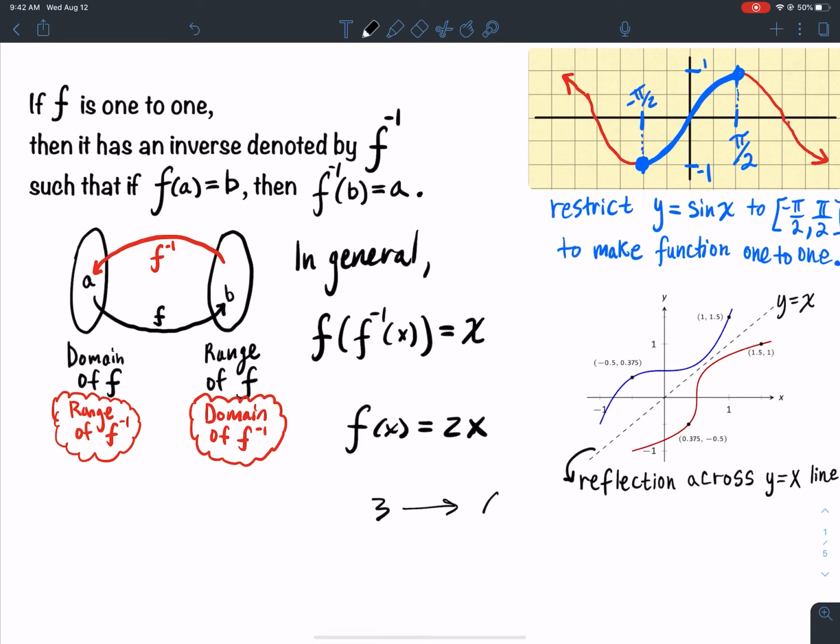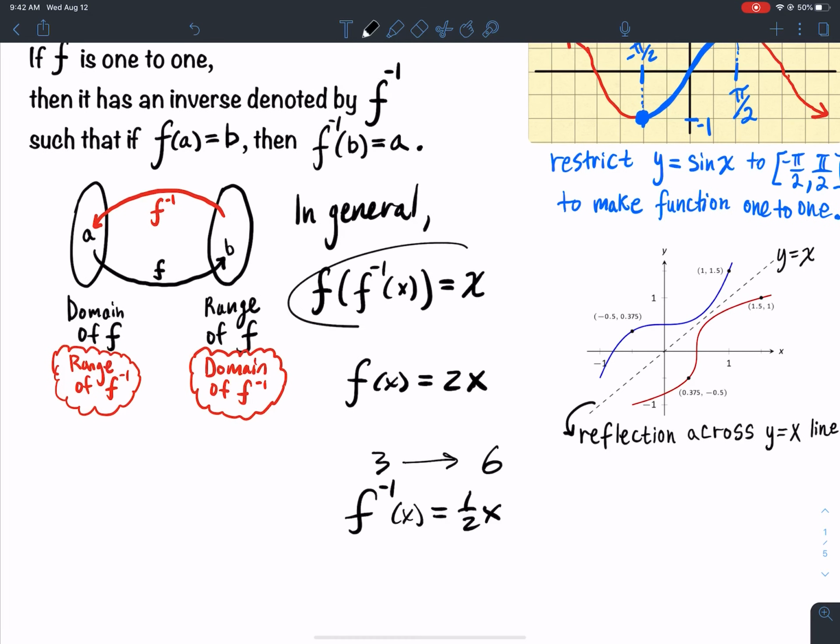So the question becomes, what do I have to do to 6 to get back to 3? The inverse function, f inverse of x, to get from 6 back to 3, I have to cut 6 in half. So I'll do 1/2 x. If you take this scenario, I have f of f inverse.